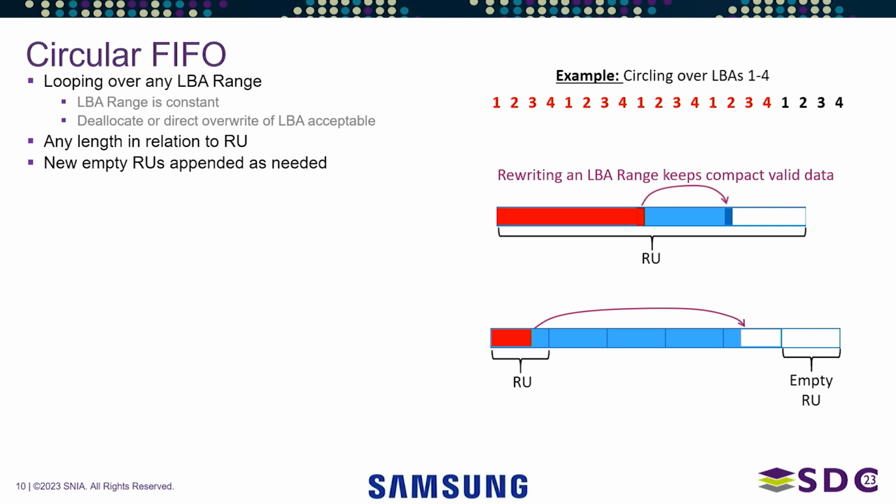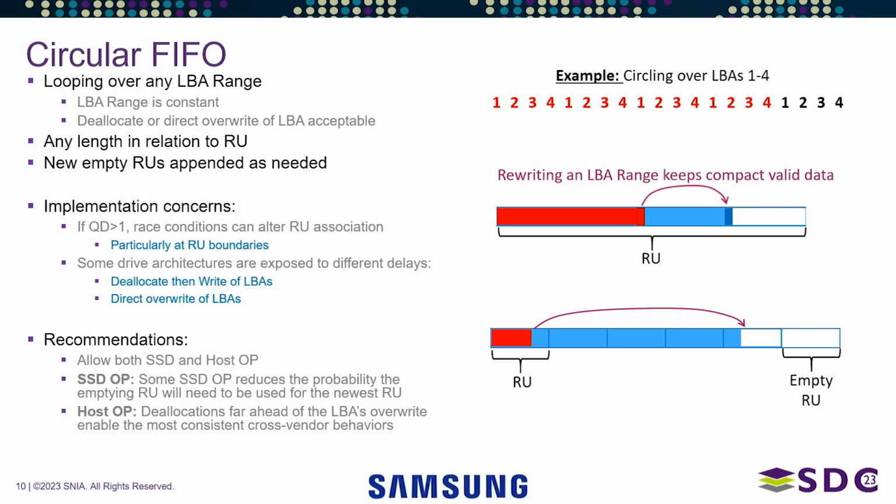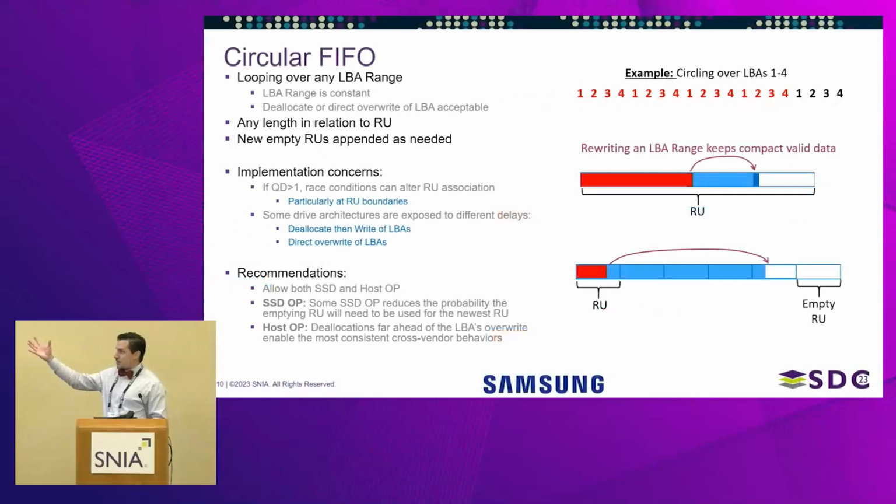So this is a simple example, but hopefully gives a reasoning on why you don't need to pay attention to the RU size versus the FIFO size. Of course, as I mentioned earlier, there are some potential race conditions right at the end, but if you continue to write your circular FIFO, they self-resolve, so you don't need to worry about that either.